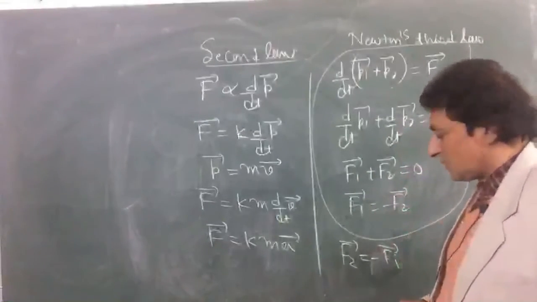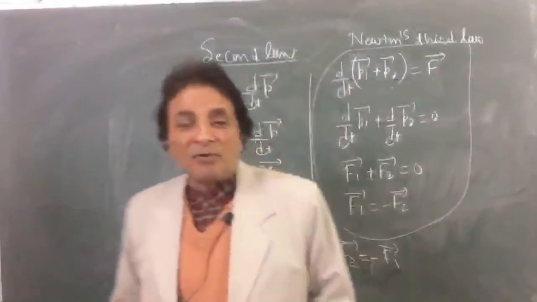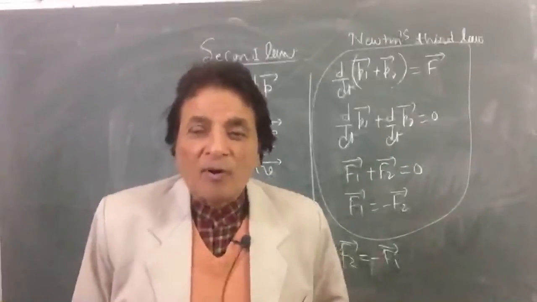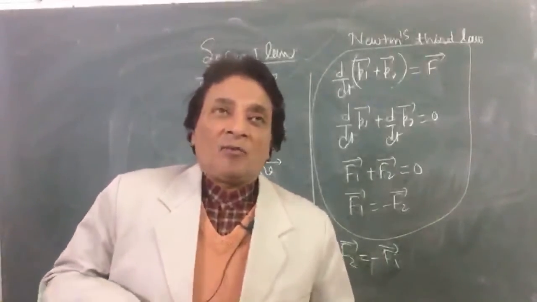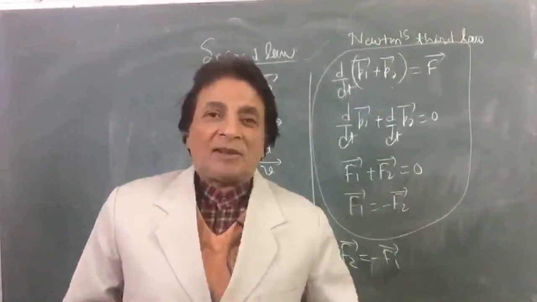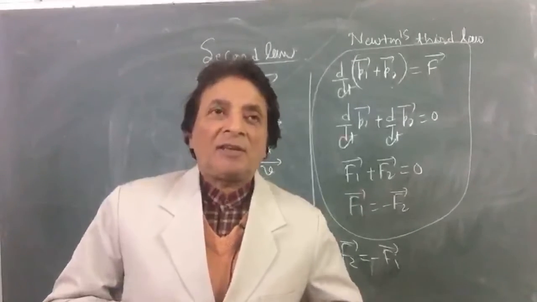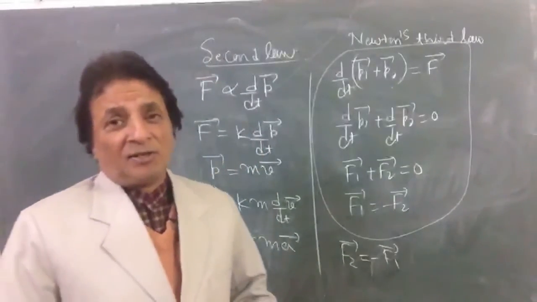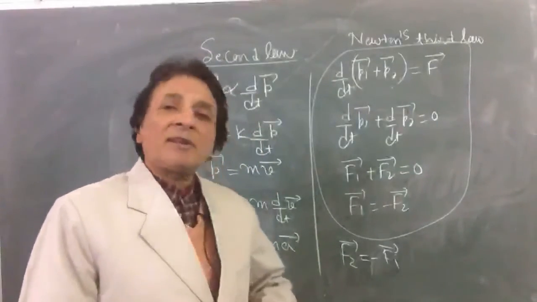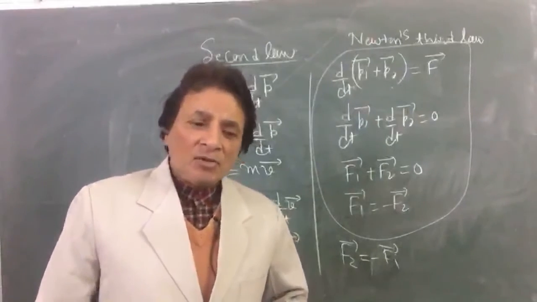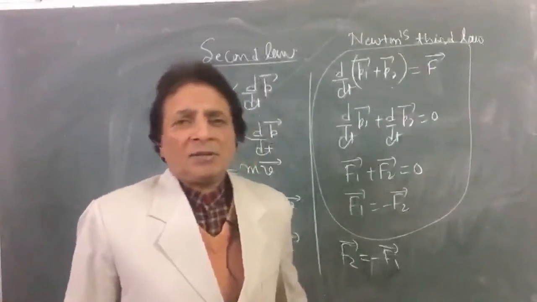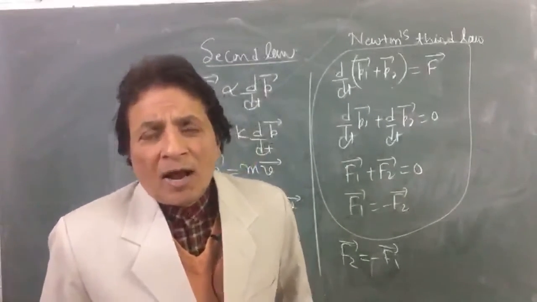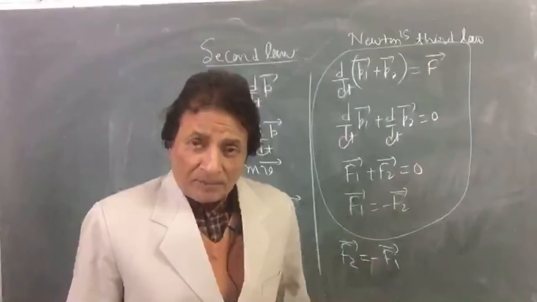F1 is equal to minus F2 and F2 is equal to minus F1. What does it mean? If F1 is action, F2 is reaction. If F2 is action, F1 is reaction. So action and reaction are equal and opposite.